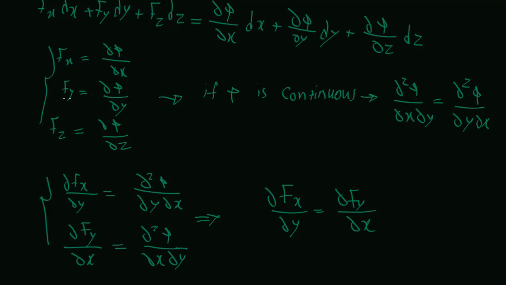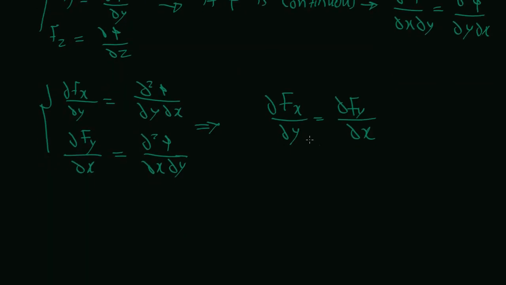I can do the same thing with the second and third equations: take the derivative with respect to z from the second equation and the derivative with respect to y from the third, and argue similarly that because phi is continuous, the order of differentiation shouldn't matter, and therefore the derivatives should be equal.